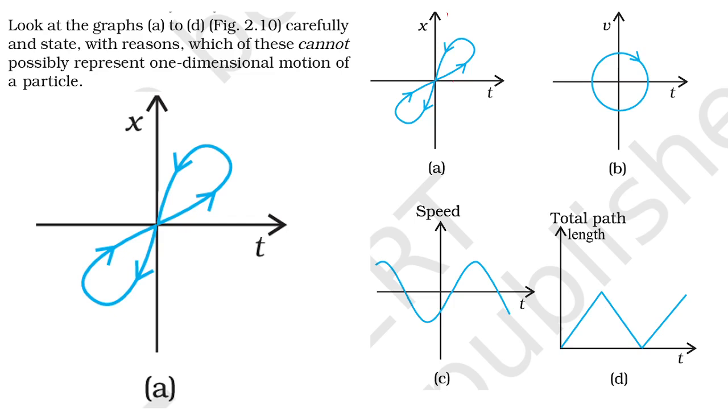Okay, let us study the first graph. The first graph is an x-t graph. This graph is impossible because, for example, there is a time, say 1 second. Let me draw a vertical line like this. This graph says that at time equal to 1 second, the body has two positions.